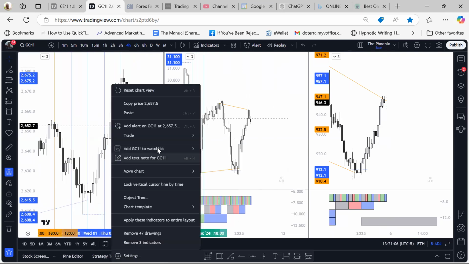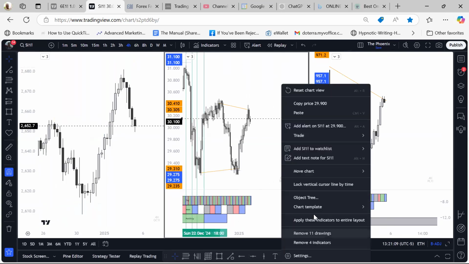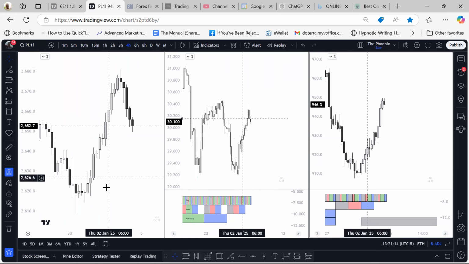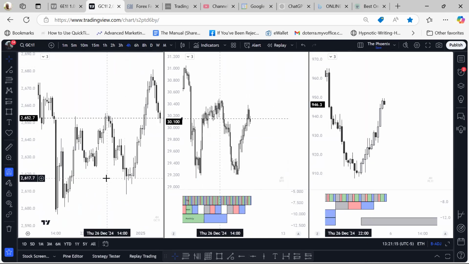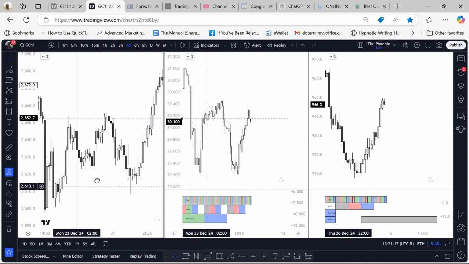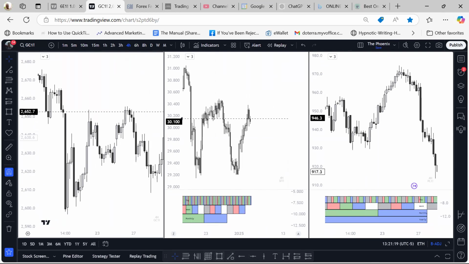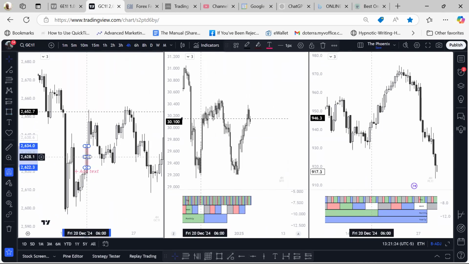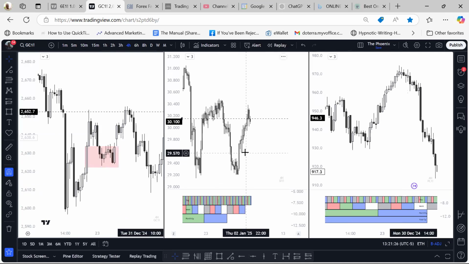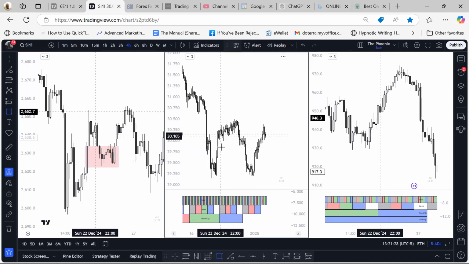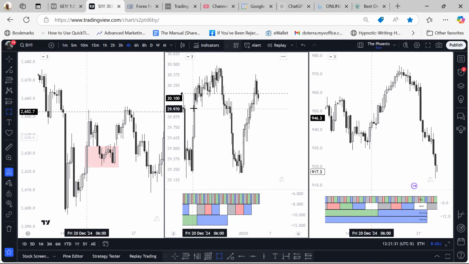Great. So let us see what we can find. This is an example. This gap on the 4-hour time frame, price traded into it. And same gap here.